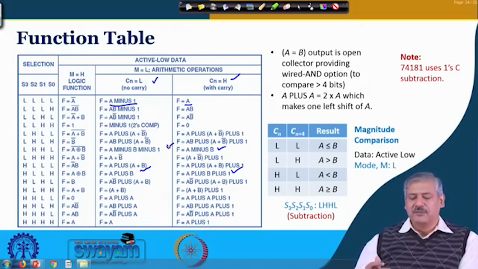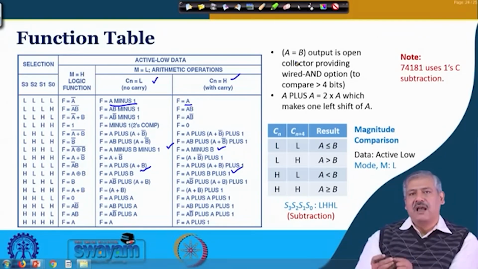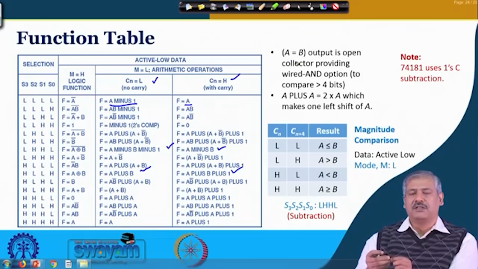So, if you have another 4-bit comparison being done by another ALU, which also has an open collector output for A is equal to B, then for those 4 bits and these 4 bits, we just make a wired connection, I mean just connect the wires there. It will give an AND logic.